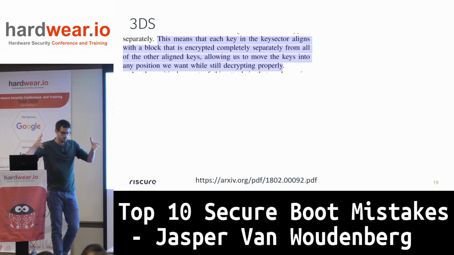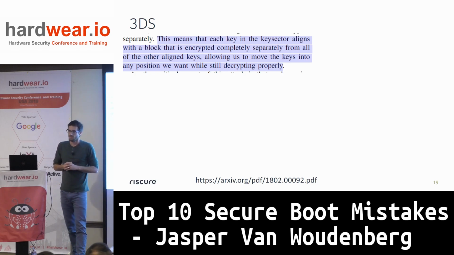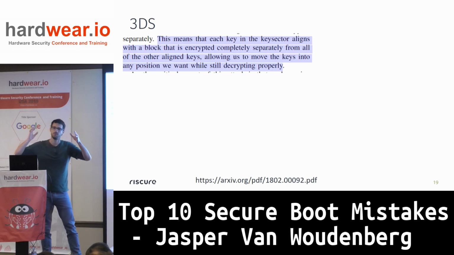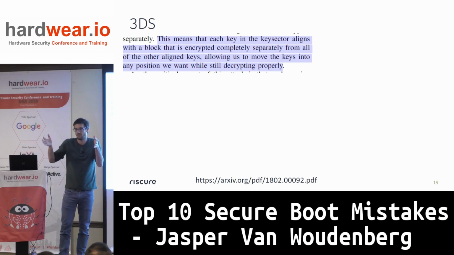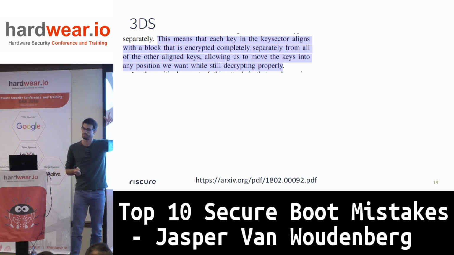Then there were also a bunch of firmware binaries that were signed with all their keys. So there were actually two things that an attacker could play with. You could give it signed but encrypted images, and you could pick different ones, and you could flip around keys.